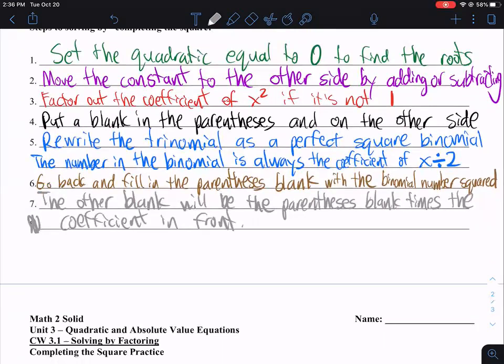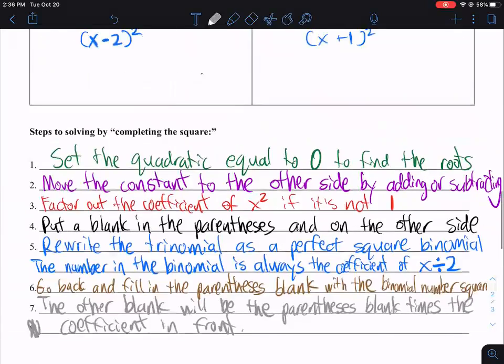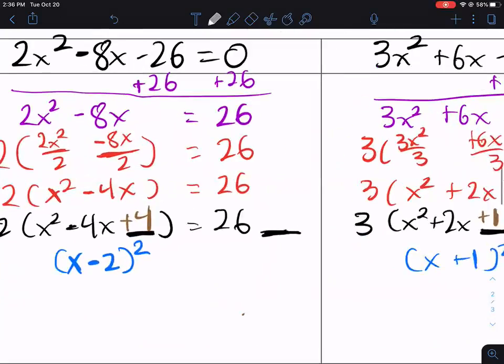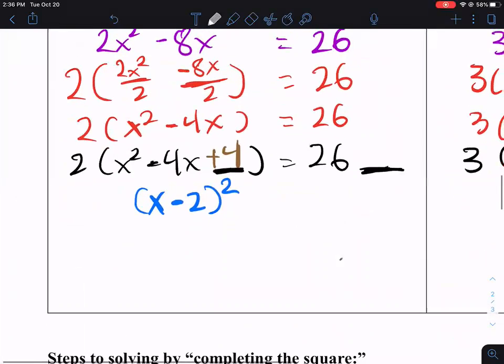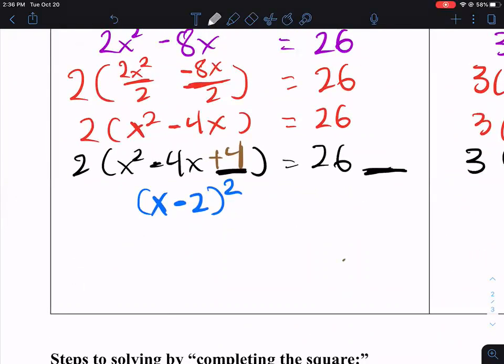Okay, so again, you might think, well, shouldn't we just add the same number to both sides? Well, sometimes, but sometimes it can be misleading. Okay, so if I go back up here, when it looks like I added 4 to the left side, that brown number, I really added more than 4, right?